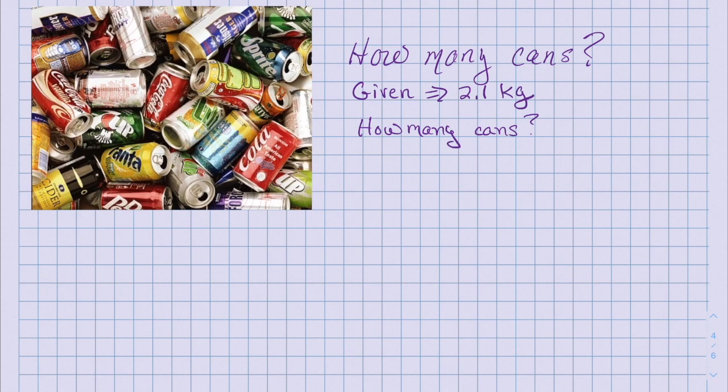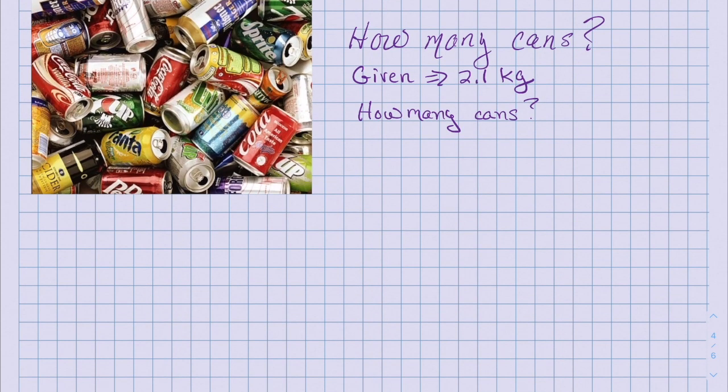So if I've got a particular mass per can, let's call that X, if I divide 2.1 kilograms by X, that's going to give me the number of cans, right?